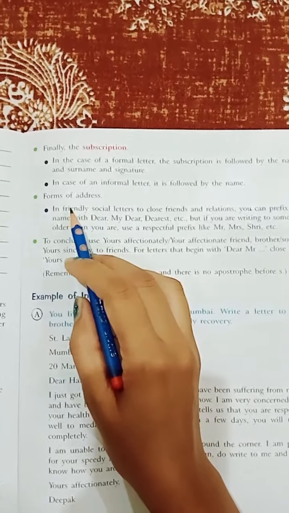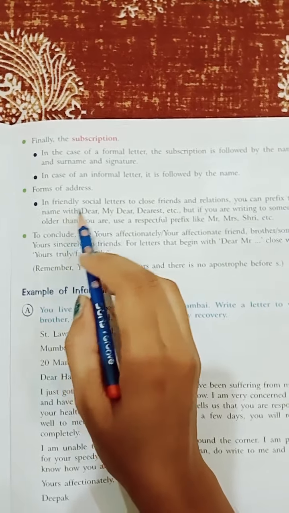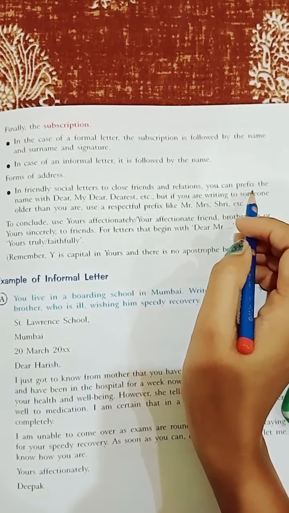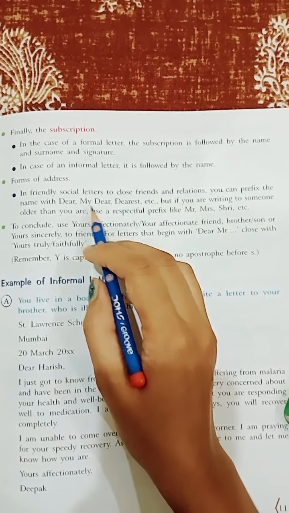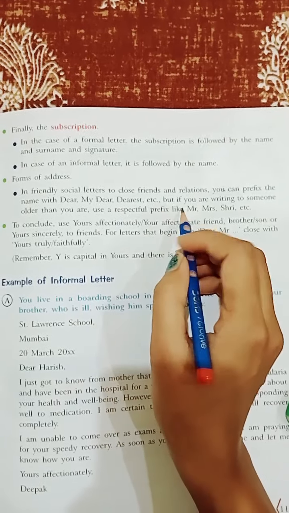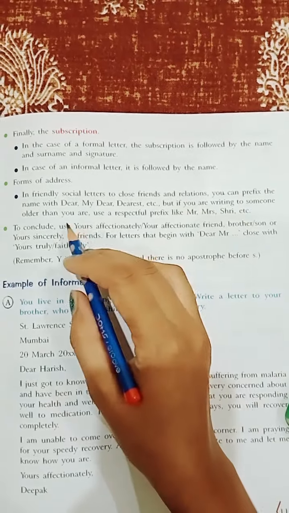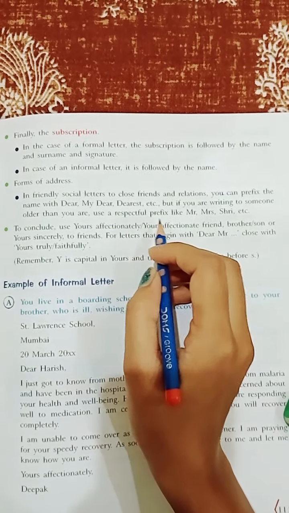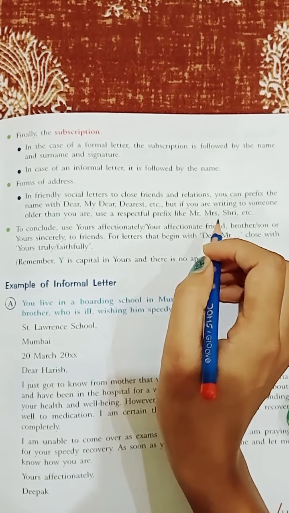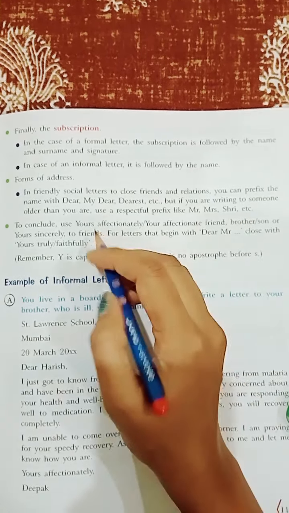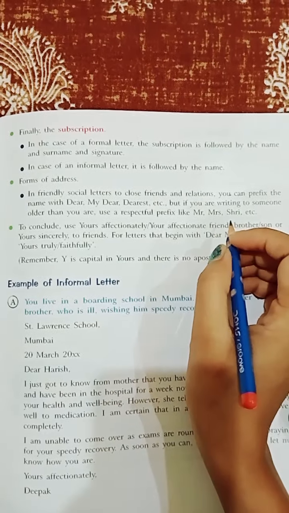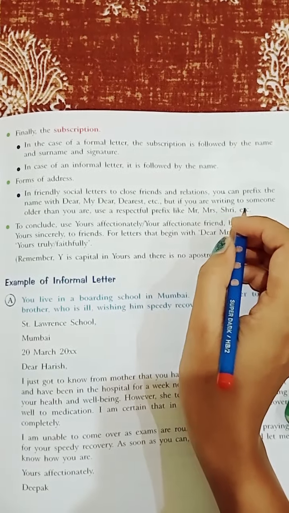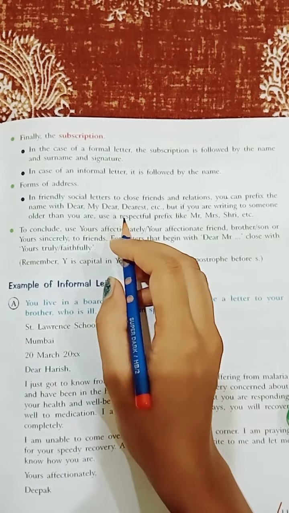Now, forms of address. In friendly social letters to close friends and relations, you can prefix the name with Dear, My dear, Dearest, etc. But if you are writing to someone older than you, use a respectful prefix like Mr., Mrs., Shri, etc. So, I hope everybody knows that when we are writing to our friends or relations, we will use a prefix like Dear, My dear, or Dearest.